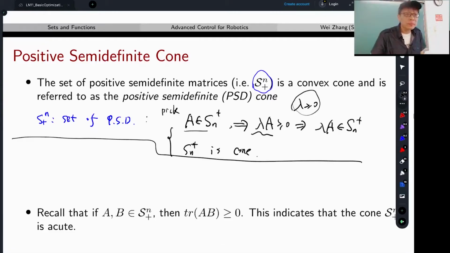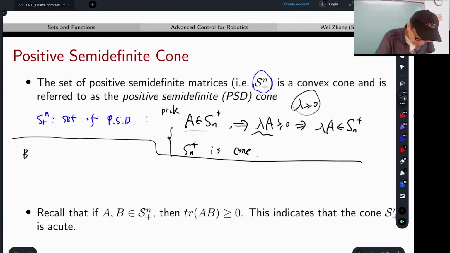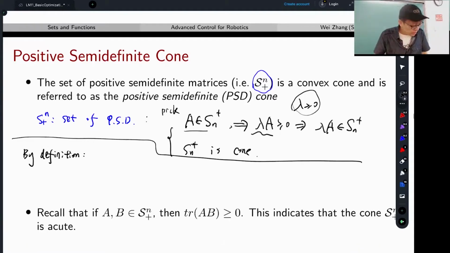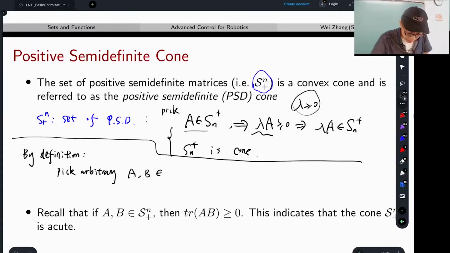How to prove it? By definition, everything is by definition of convexity. Any line segment needs to stay in the set, right? So let's pick arbitrary matrices A and B in the set.